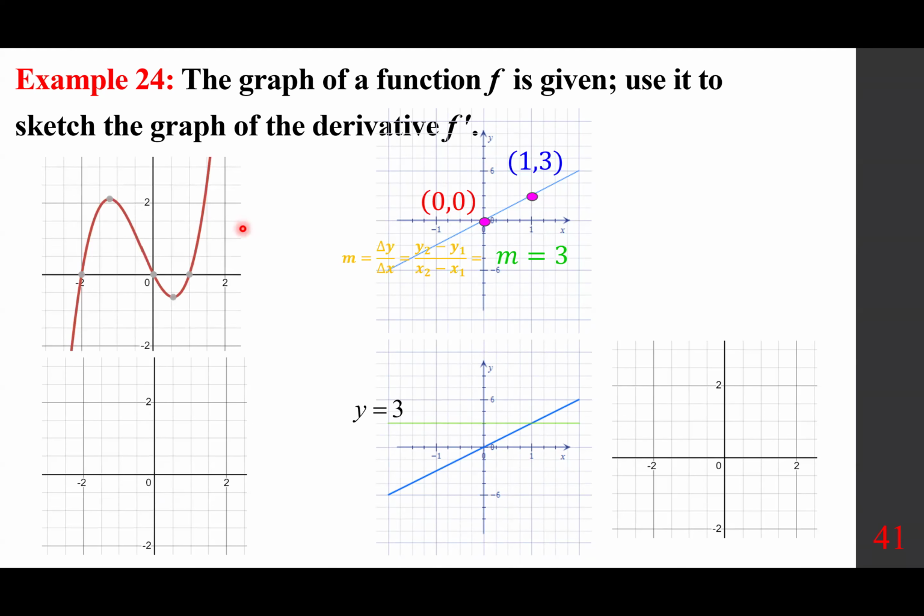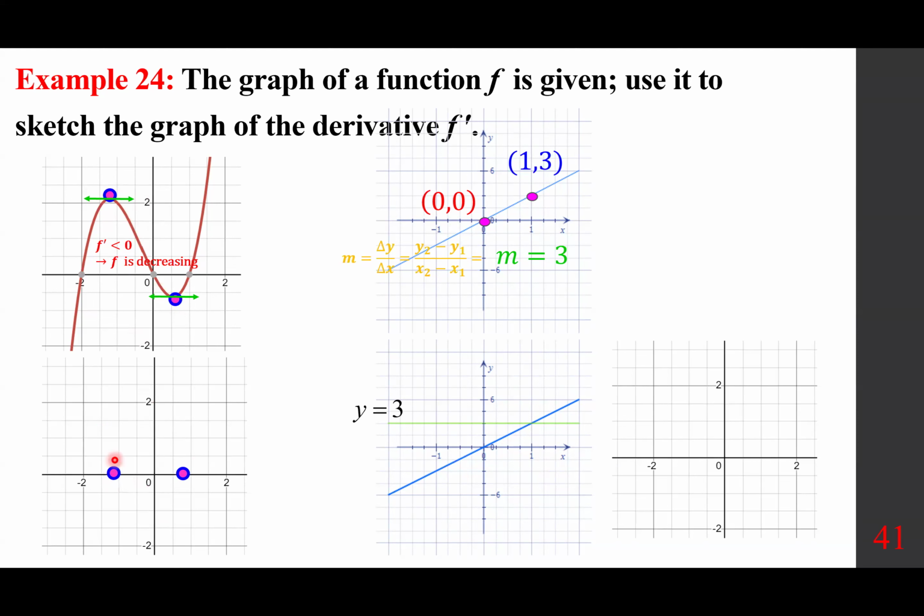When you look at this graph again, look at the easy points. These 2 points correspond. So the same x coordinate, the y is 0, the same x coordinate, the y is 0. Then here, in between, because f is decreasing, f prime is negative, so that means in between it has to go down.